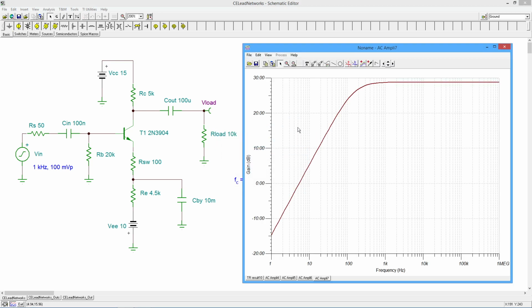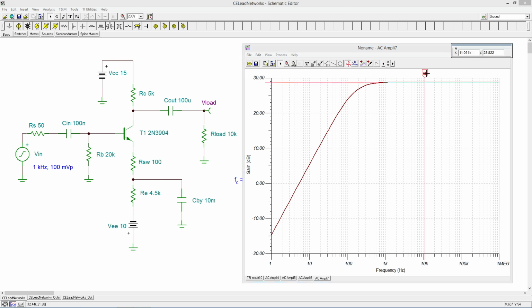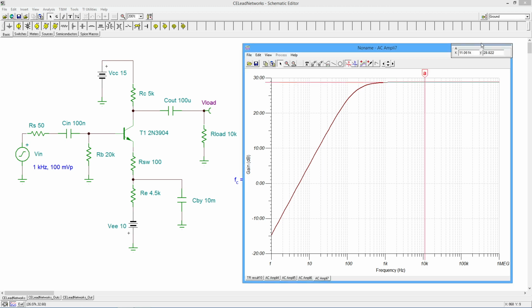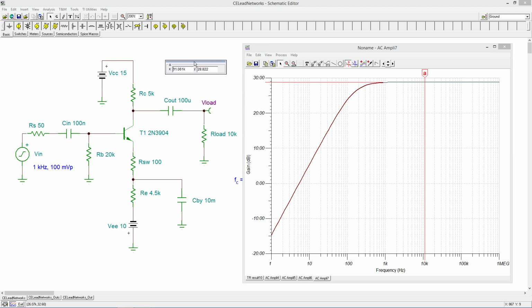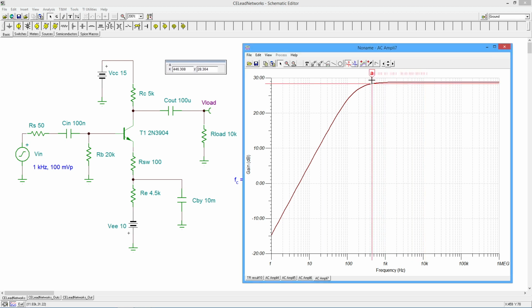All right, so once again, here's the flat bit. Get a cursor out here, and I'll move them over here again. 28.8, so again, we're looking at like 25 and change.